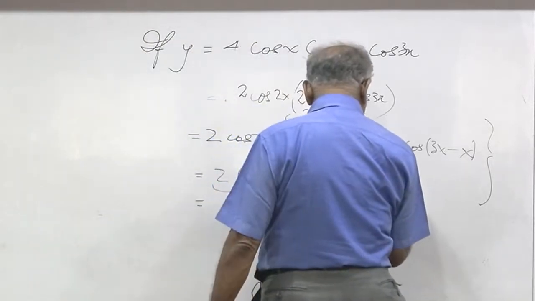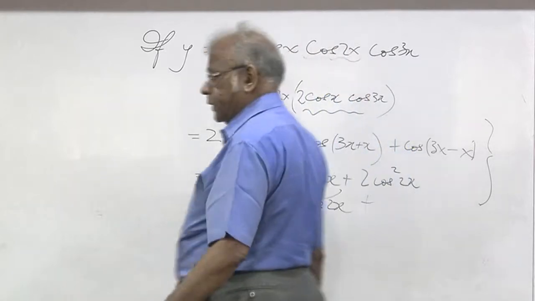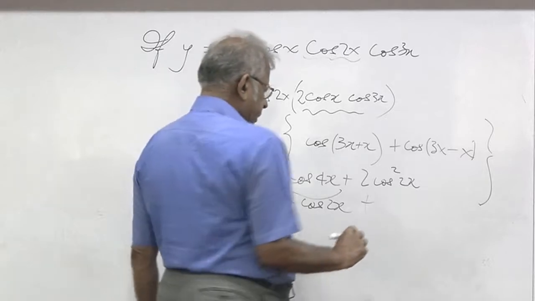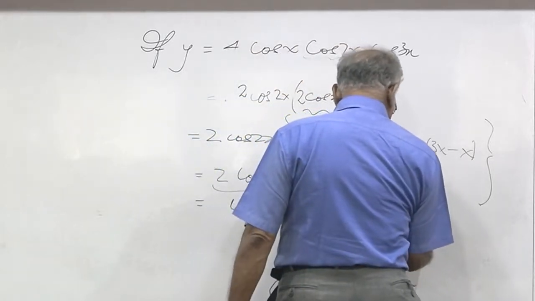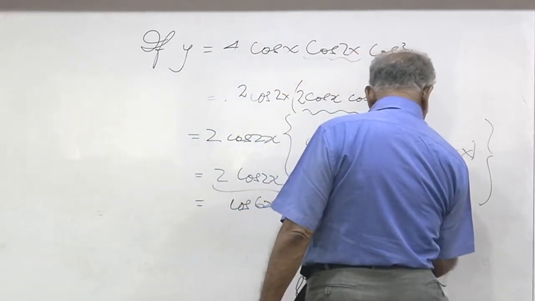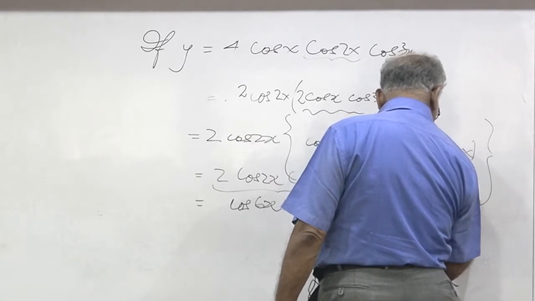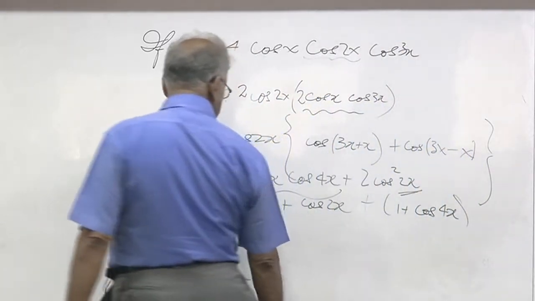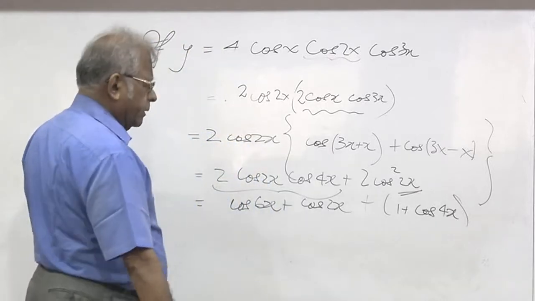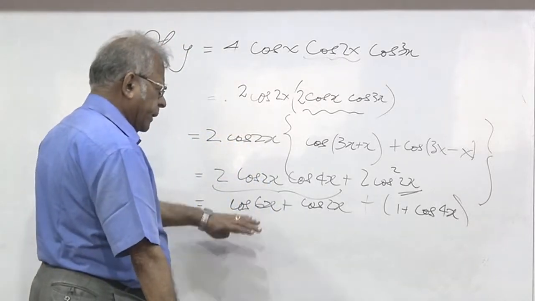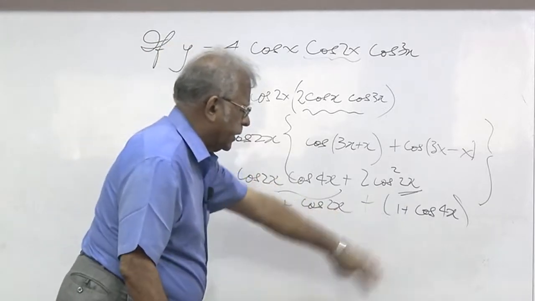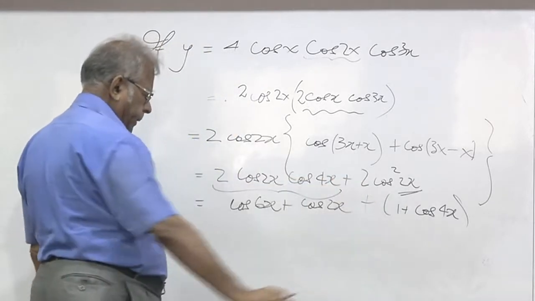Plus the friend here, 2 cos square theta is 1 plus cos 2 theta. So this can be replaced by 1 plus cos of twice this angle, which is cos 4x. Now this problem is done because we have everything reduced to simple cosines added or subtracted to each other. They are all added here.